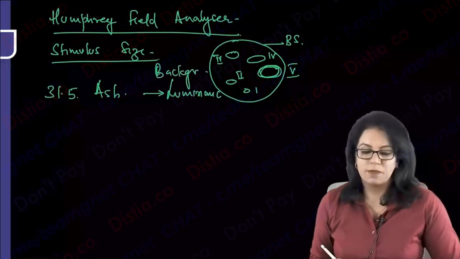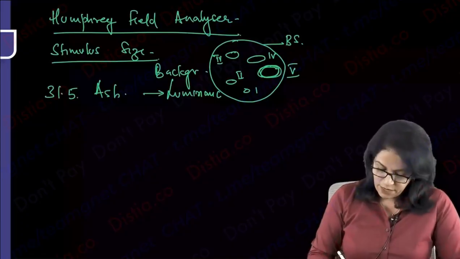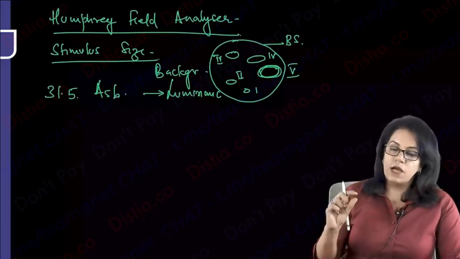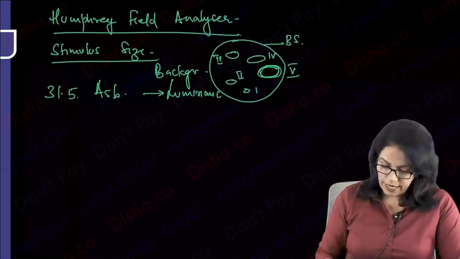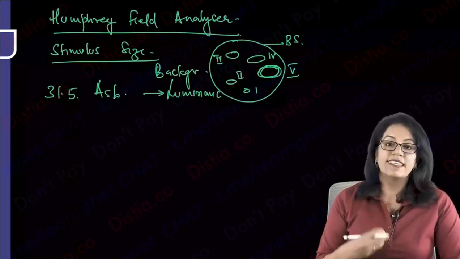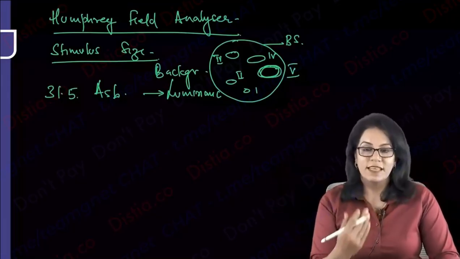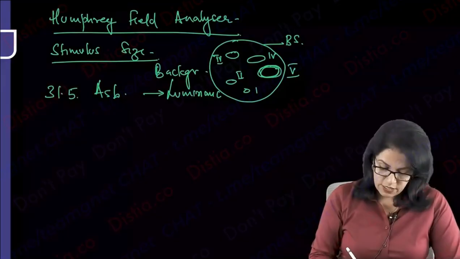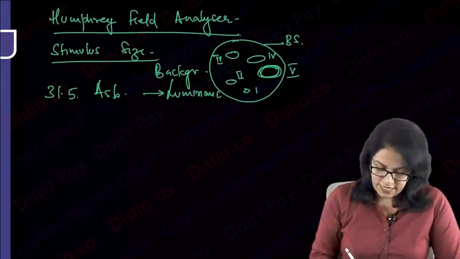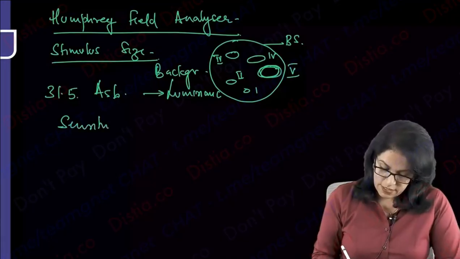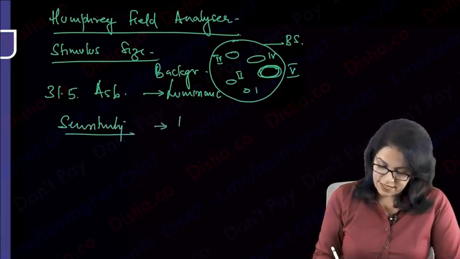Once we know this, at any particular point, how do you describe the light sensitivity, whether the patient is able to see or not see against this background luminance? We describe the sensitivity in decibels.